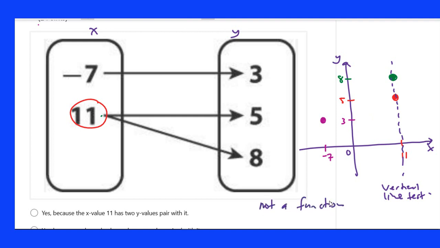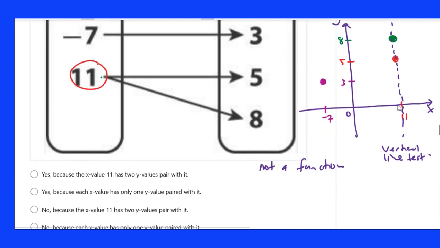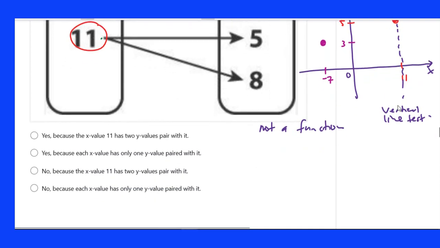Why? Because it cuts at 2 points. Check the options. No, this is no, this is no, because the x value 11 has 2 y values. So this is the option.